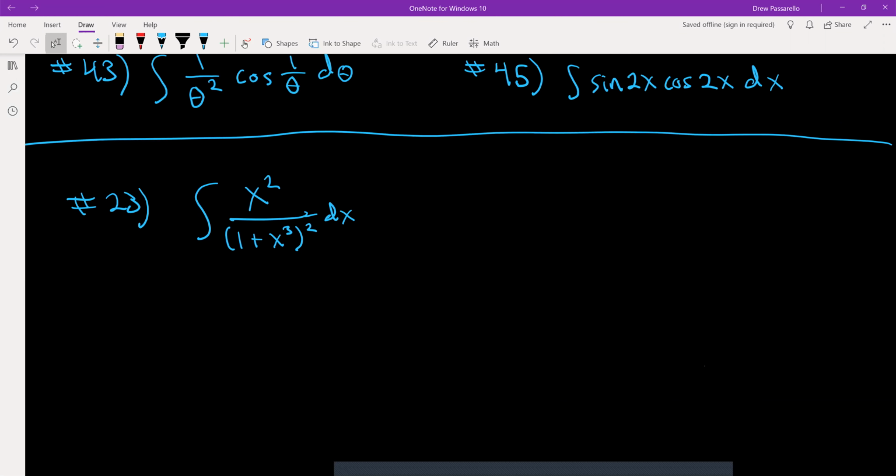The more complicated stuff is the 1 plus x cubed portion. And I know that the derivative of x cubed is 3x squared, so it involves something with x squared. Now, it might help to write it like this.